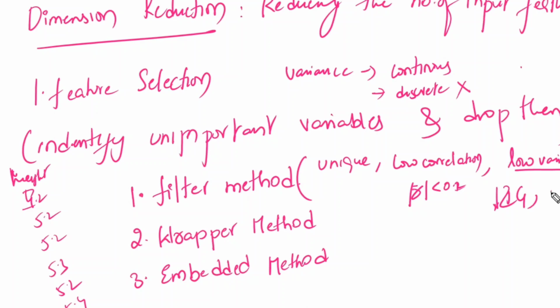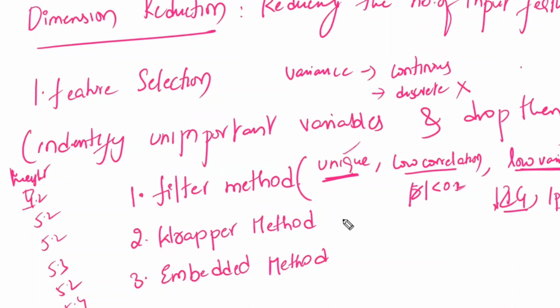Hypothesis test, the one proportion test. If the result is less than 0.05, automatically that column is a waste column, and we can remove it. So by looking at unique values, low correlation, low variance, information gain or the one proportion test, we can drop the unimportant variables.